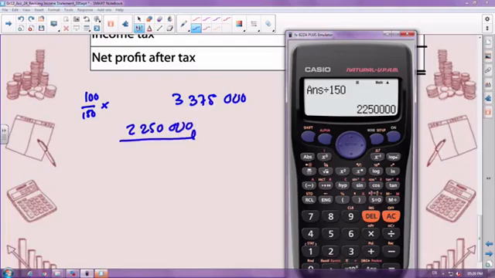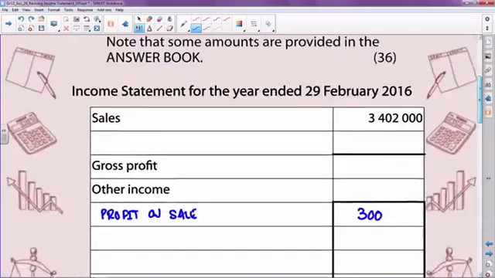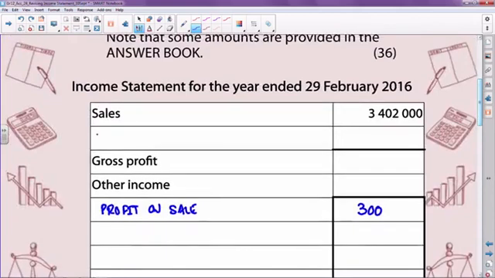Now that's the cost of the goods that were sold at the normal selling price. So 2,250,000 is my cost of sales. But that's not my only cost of sales.